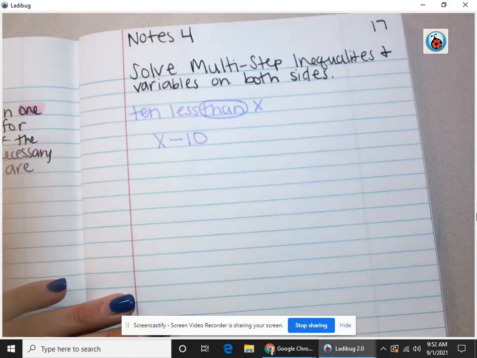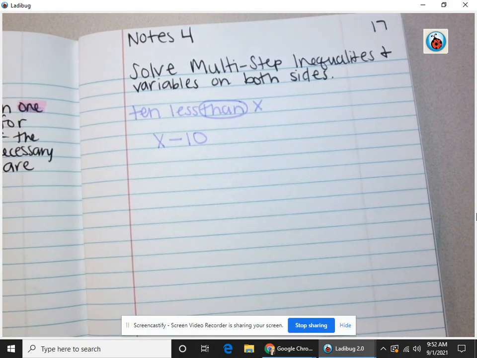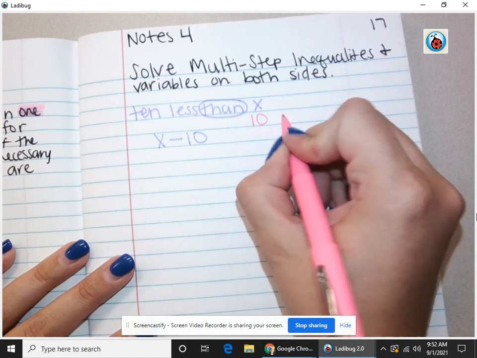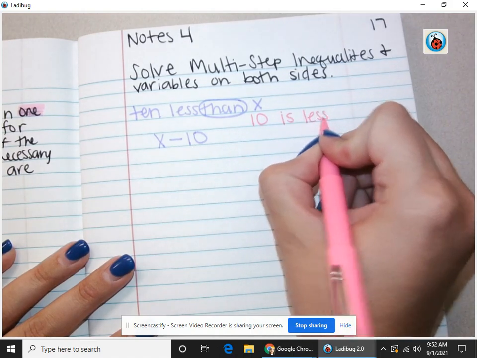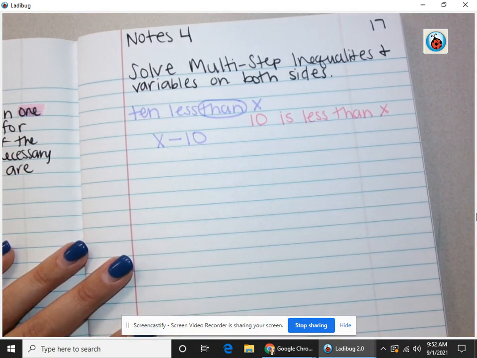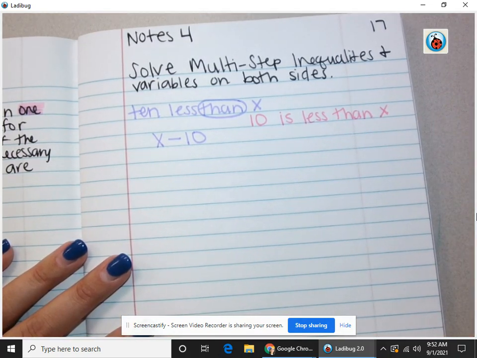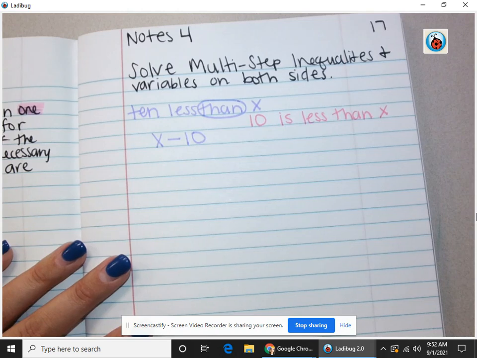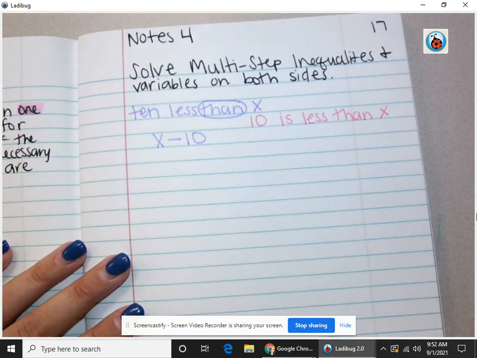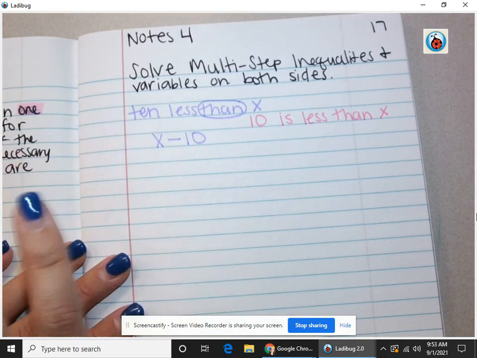Okay. Well, what we're going to talk about now is if I had something like 10 is less than x. This is going to give me a completely different problem. What changed from this sentence to this sentence, other than me writing the 10 out?